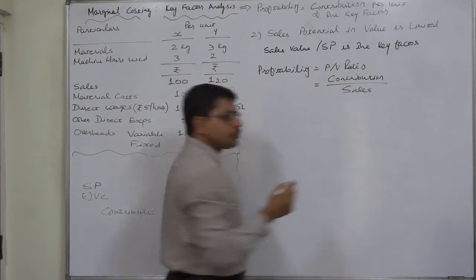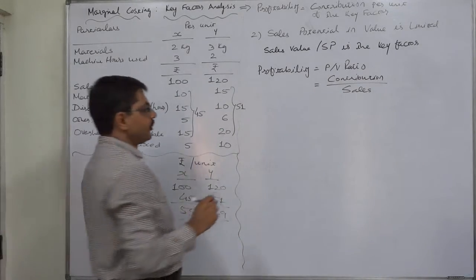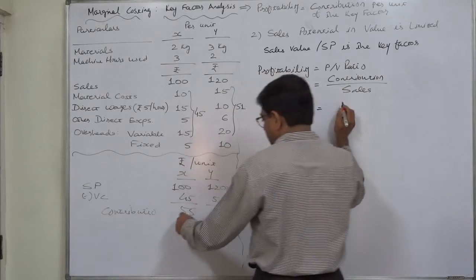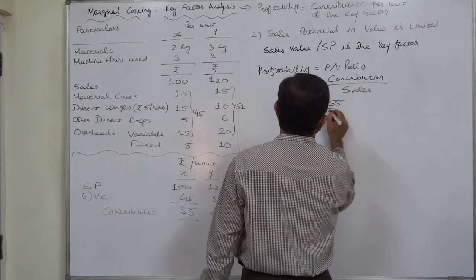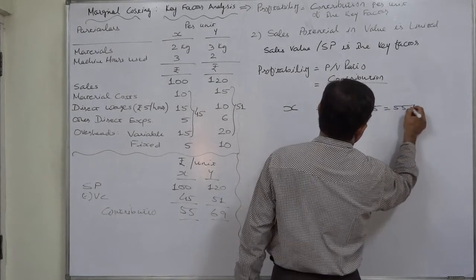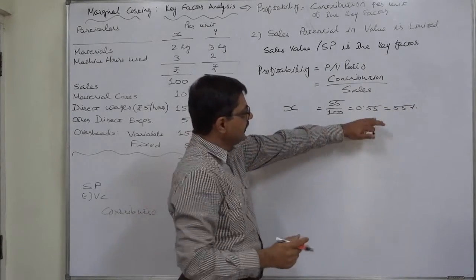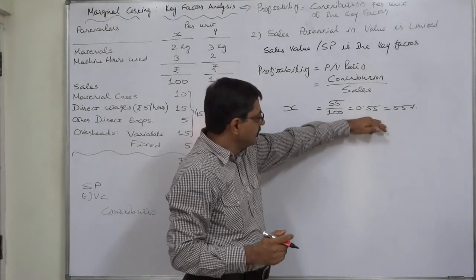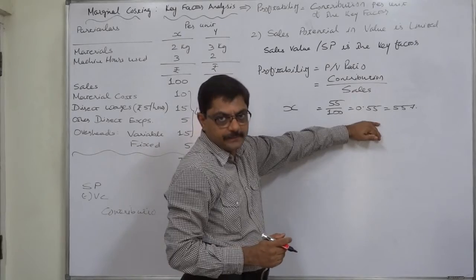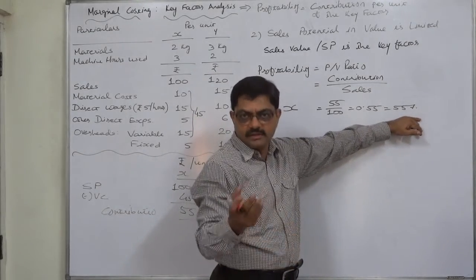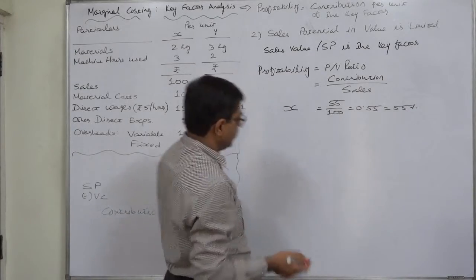That means proportion of contribution to sales is the important thing, and that in case of X is 55 divided by 100, that is 0.55 or 55%. The meaning of 0.55 is if sales value is taken as rupee 1, then contribution is 55 paise. Or if sales value is taken as rupees 100 or currency 100, it is 55%.